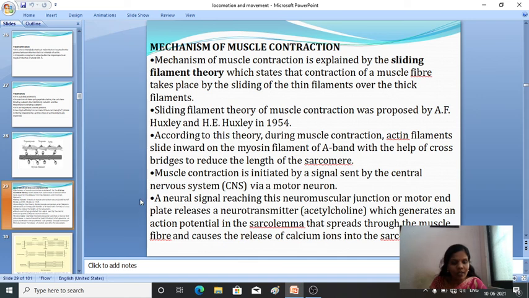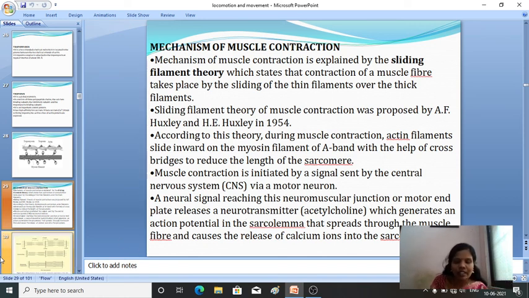Then the neural signal reaching the neuromuscular junction, or the motor end plate, releases neurotransmitters, which generate an action potential.